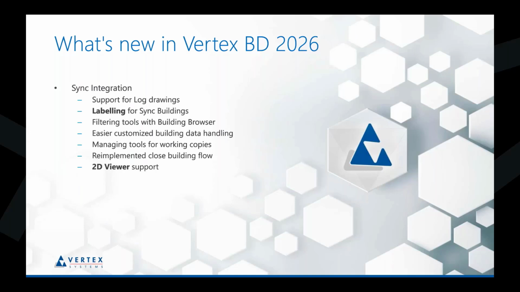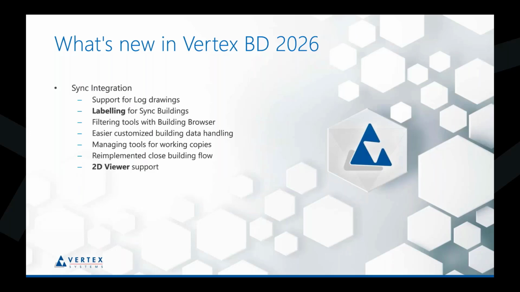Just before we go to the sync integration and sync new features, some highlighted features from the sync integration. There's a labeling for the sync buildings. It's not available in the local buildings, but if you have the sync integration, you can get the labeling for buildings.